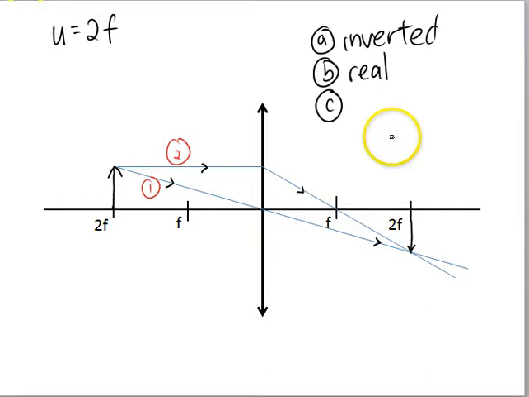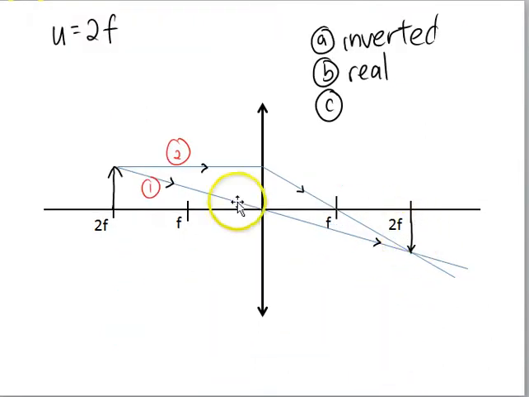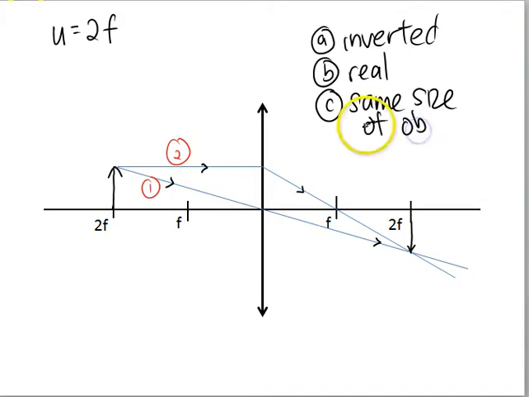Part C, we talk about the size of the image. Okay, just now we said that the image was diminished. Okay, the image was diminished because it's smaller. How about this? In actual fact, if you look at them carefully, they are the same size. Right? Same size. So the image is the same size as the object.